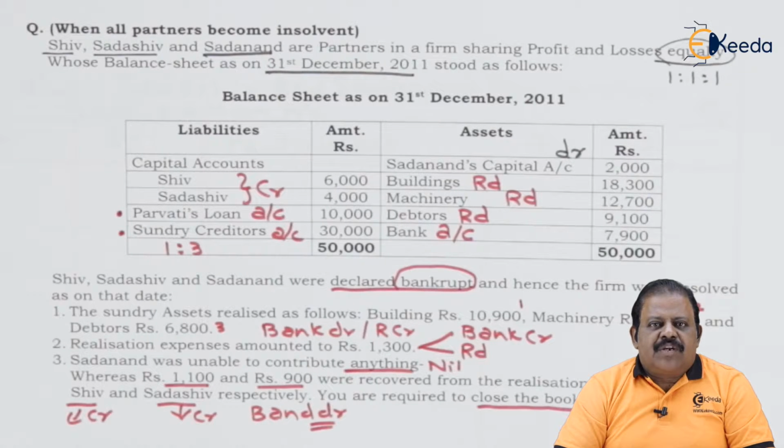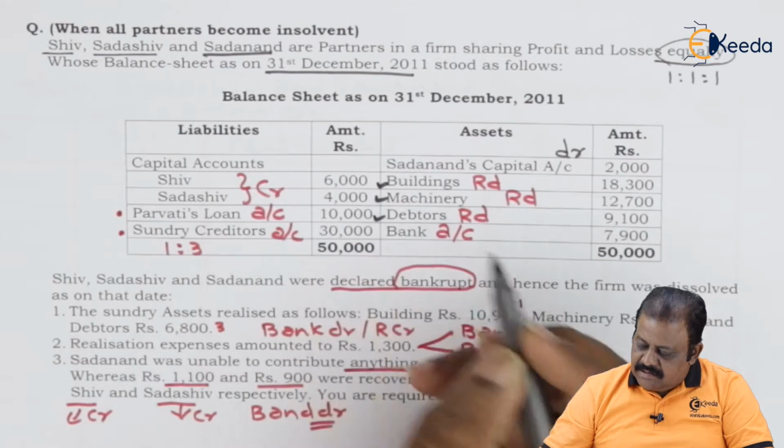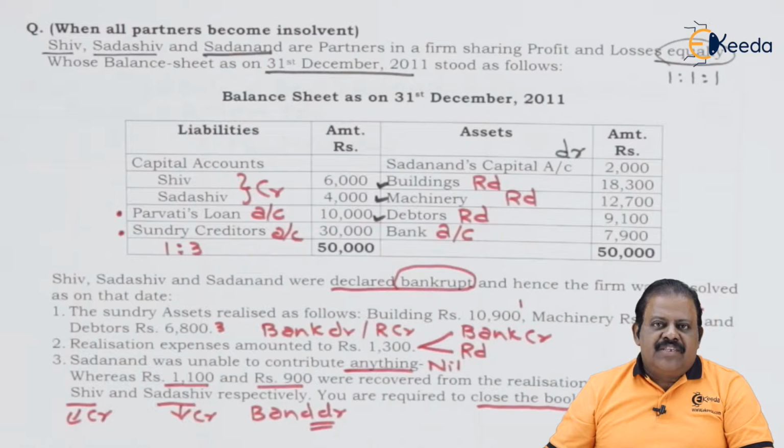The first step is the transfer step. Here we are required to transfer all items in the balance sheet to various accounts. Let us start with the asset side. Building, machinery, debtors will be transferred to the realization account debit side.